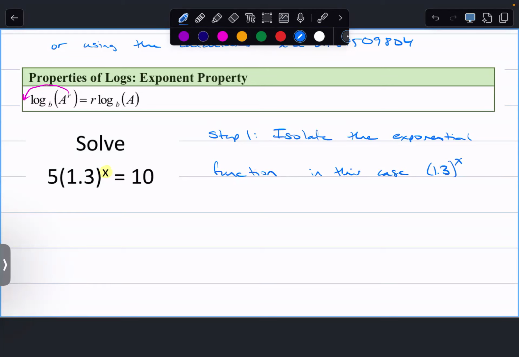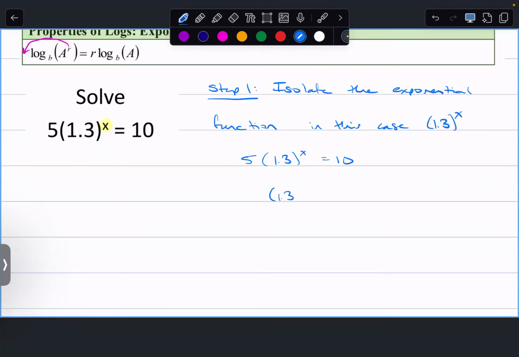So what we'll do here is we'll have 5 times 1.3 to the power of x is equal to 10. So 1.3 to the power of x is 10 divided by 5, which is 2. Then the next step is to apply the exponent property.